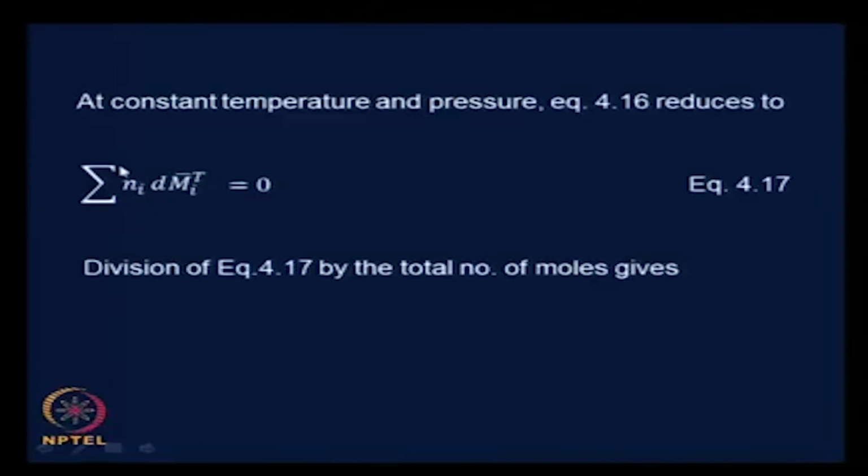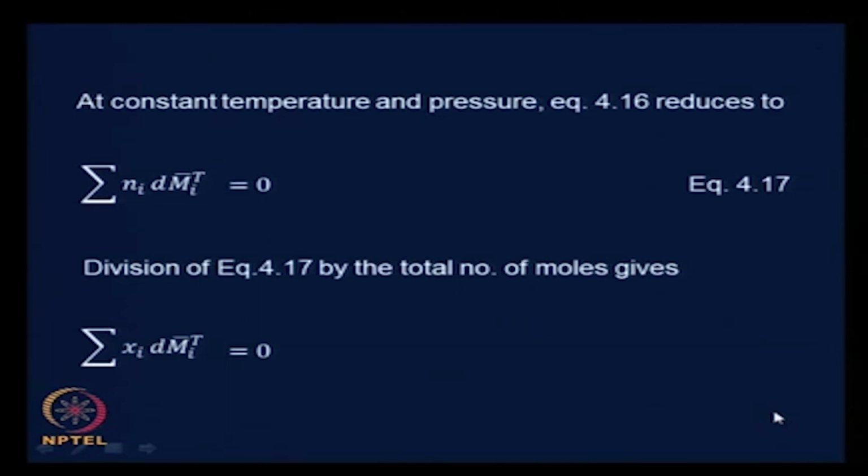If we divide summation of Ni dMi equals 0 by the total number of moles, each term in the sum gets divided by n, and therefore, each of these Ni's can be replaced by the mole fraction. That is the definition of mole fraction, Ni by n. Therefore, when you divide it by the total number of moles, you get sum over xi dMi equals 0.